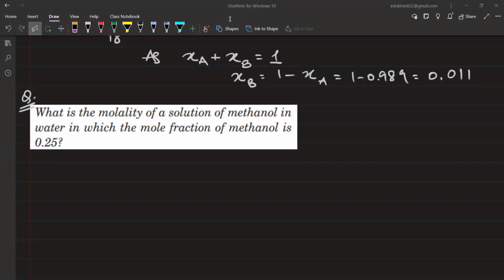The formula for methanol is CH3OH. But again, I don't think you will be required that, but still.